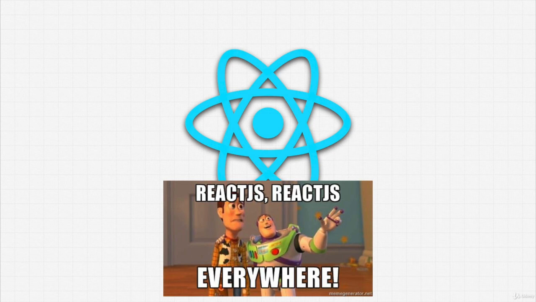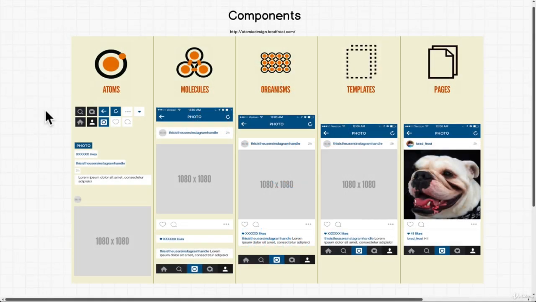Now, in order to understand React, there are a few things that we want to go over. These are principles that are very valuable that have been learned over the years by developers. One is the idea of thinking in components. Up to this point, we've just built websites. Everything is just one JavaScript file, one CSS file, one HTML file.